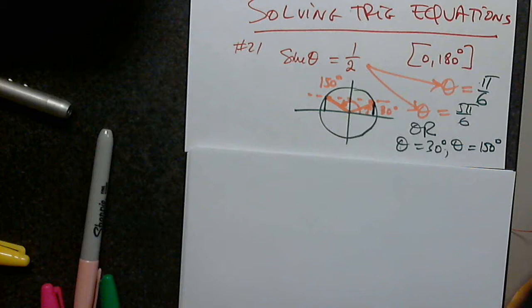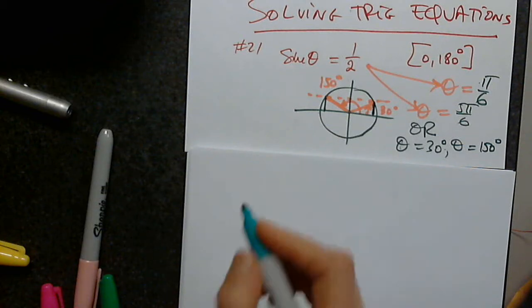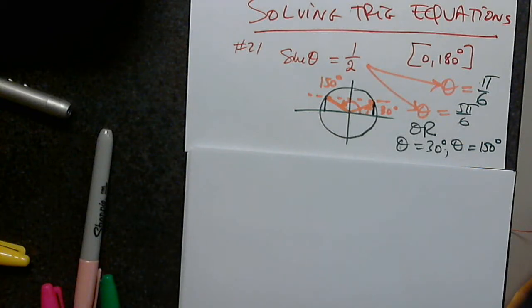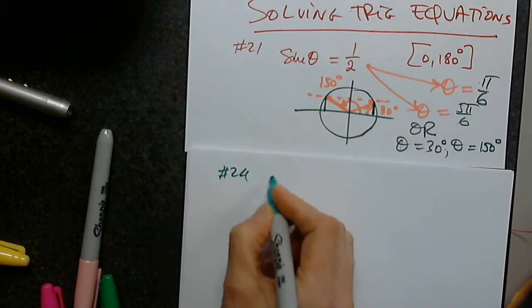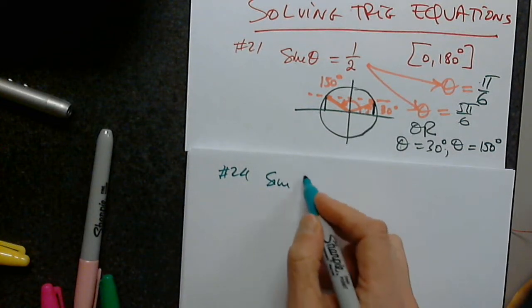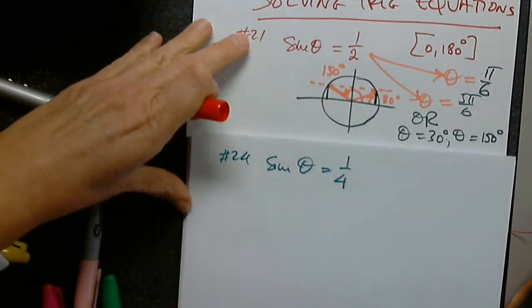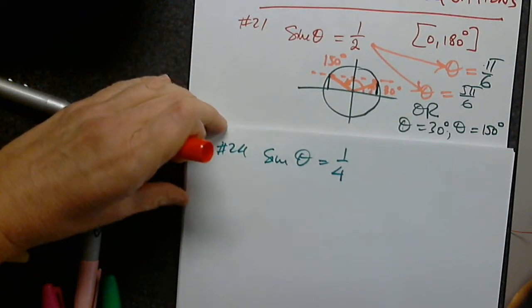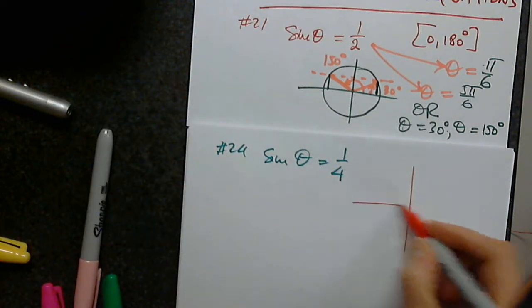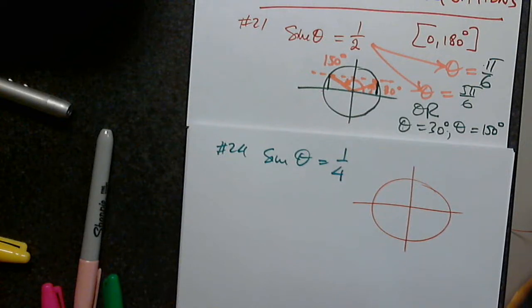Let's look at another one with sine. Maybe not a nice one. This one, 24. Sine theta equals 1/4. Okay, where is sine positive? Still in 1 and 2.